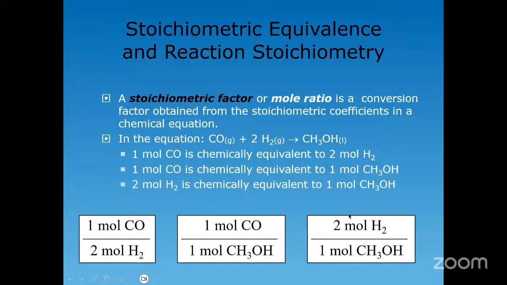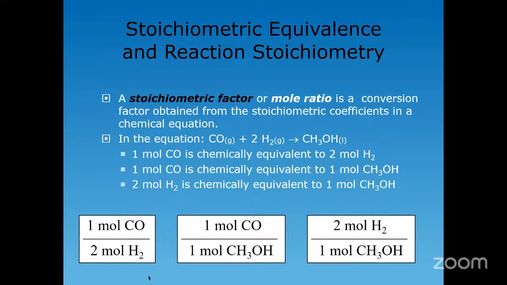Now, based on those relationships, we can write down what are known as conversion factors, or in the notes here, it's called stoichiometric factor or mole ratio. Same thing, right? Basically, the mole ratio is expressing the mole relationship between 2 substances involved in a reaction as a fraction. All right.